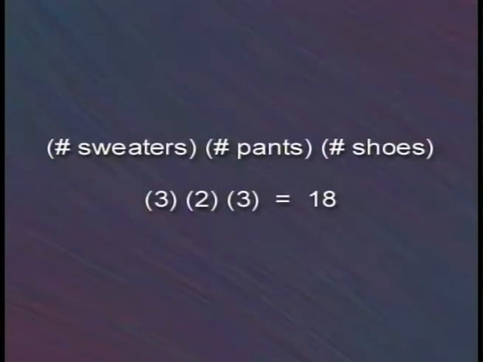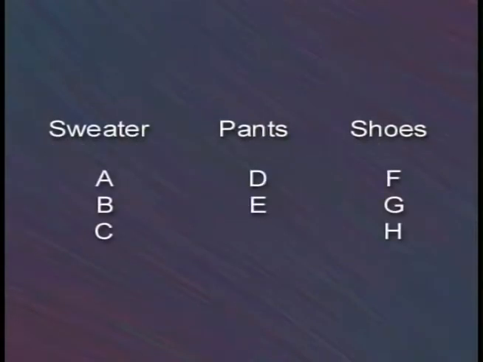Now let's see why this works. For instance, let's label sweaters as A, B, C, pairs of pants as D and E, and pairs of shoes as F, G, and H. Thus, an outfit can consist of sweater A, pants D, and then either of the 3 pairs of shoes.